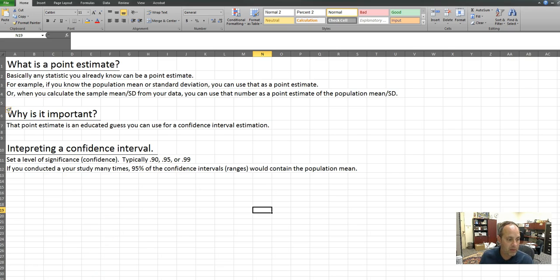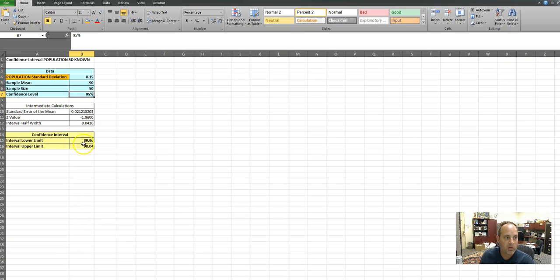So what I have here in this workbook has this information in it, and then I give you a little calculator for calculating the confidence interval when you know the population standard deviation. Here, all you need to do is punch in the numbers.